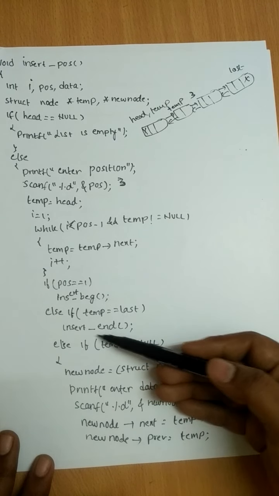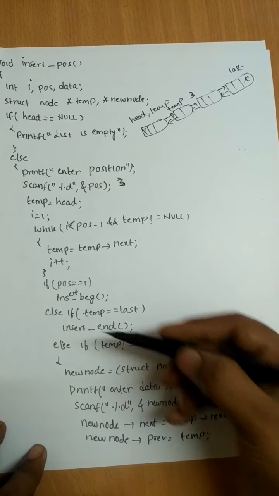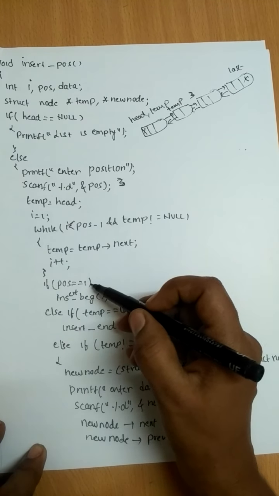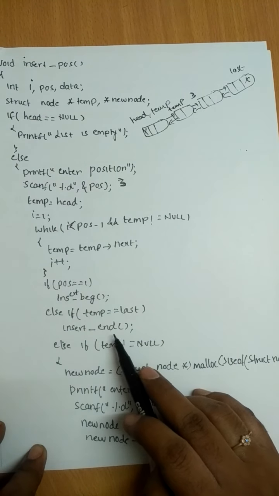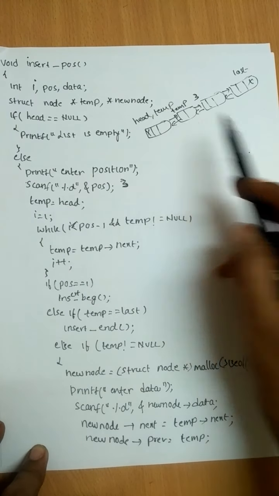So call the function insert at end. Else, if it is not both these two cases, that is, we should not insert at the beginning and we should not insert at the end, that means we want to insert somewhere in the middle.